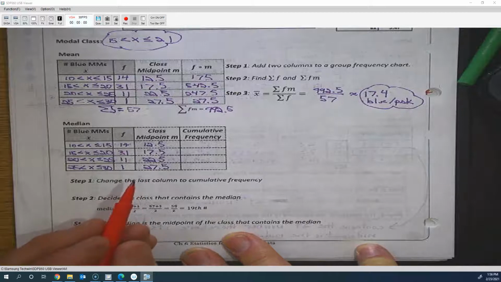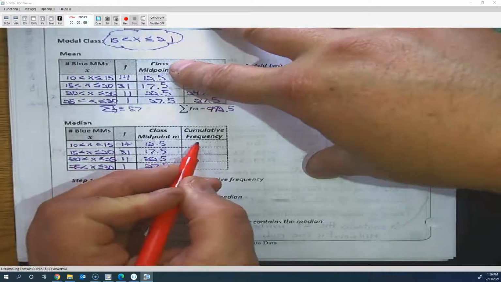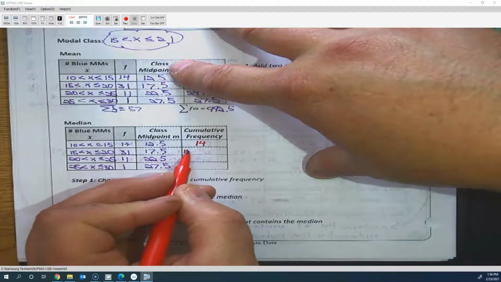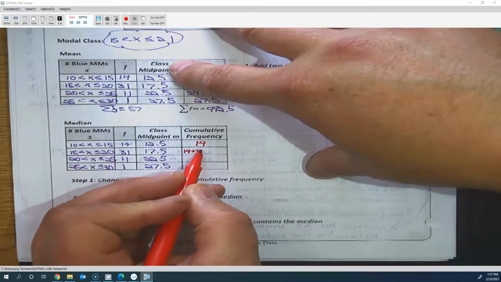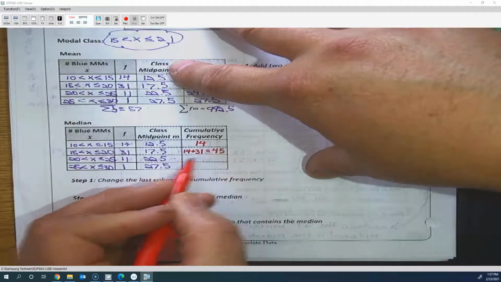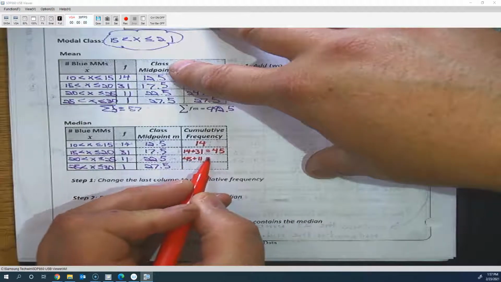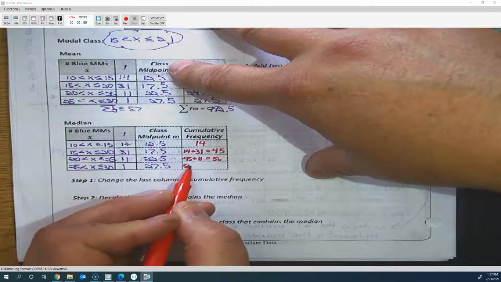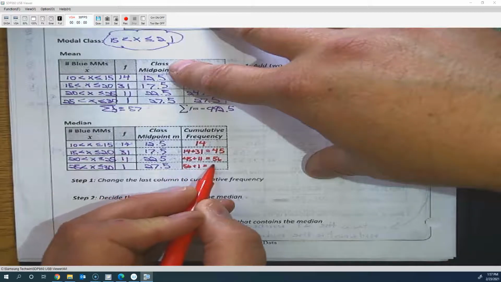All right, so cumulative frequency, this is going to be 14, and then I've got 14 plus 31, okay, that's 45, and you got 45 plus 11, 56, and you got 56 plus 1, 57.